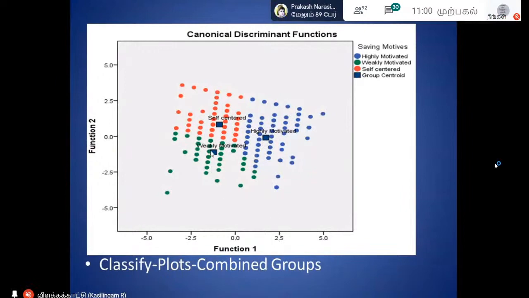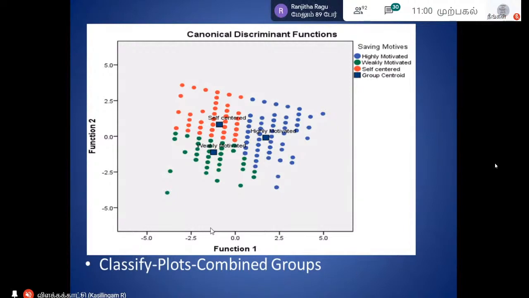Weakly motivated people have lower function 1 numbers, because we have plotted the numbers.